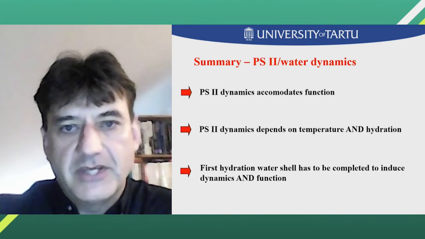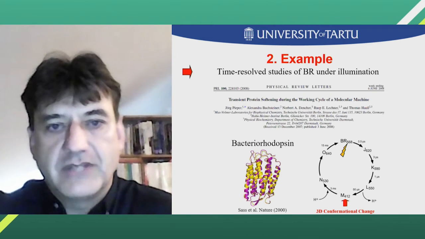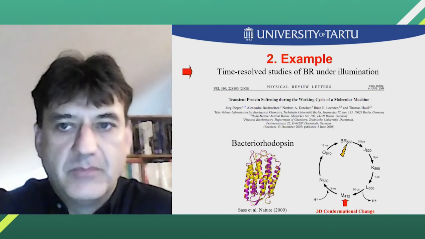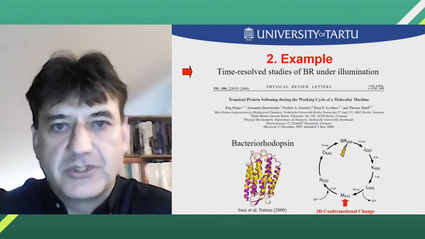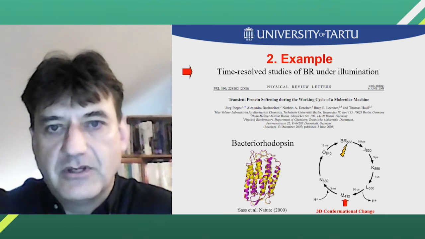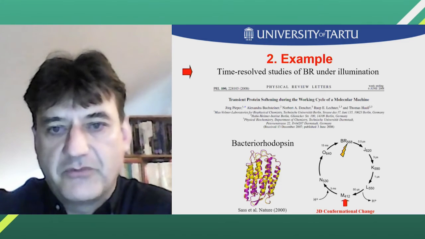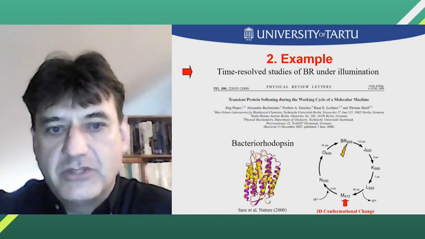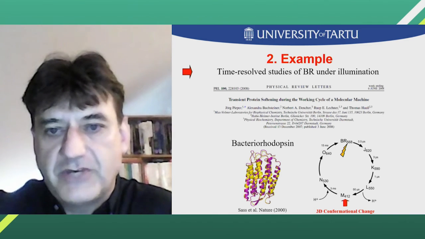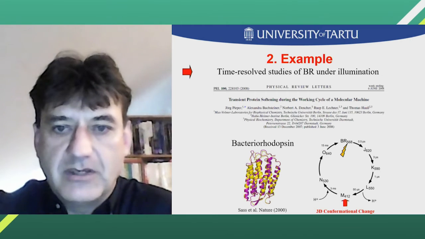And very finally, I show you that we are setting up experiments for time-resolved studies of dynamics of biomolecules, here shown for the example of bacteriorhodopsin, where you can initiate its function also by a light quantum.